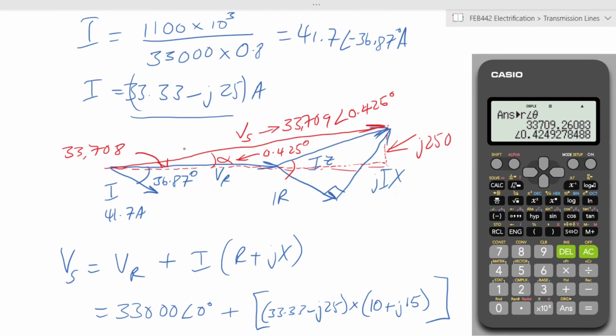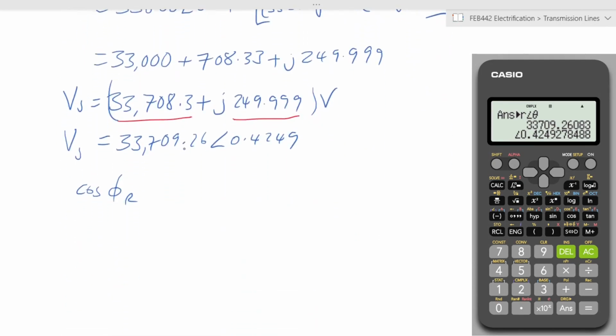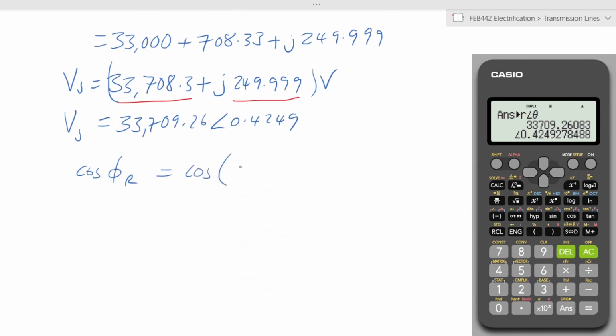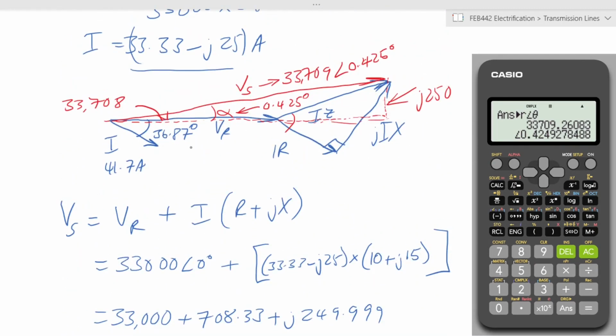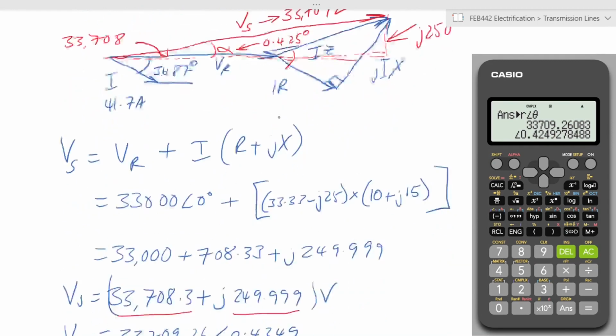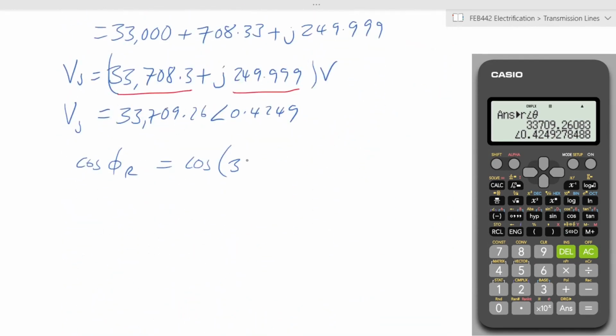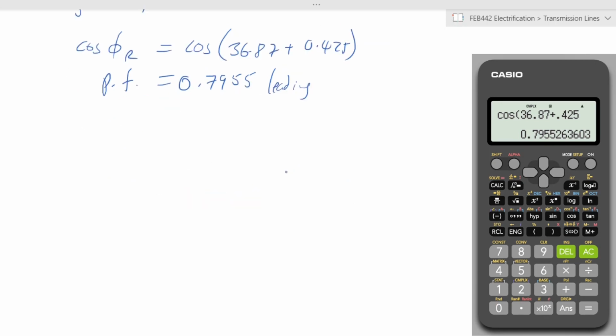So the power factor would be equal to cos of the total of these: you have 36.87 and you have 0.425. 36.87 plus 0.425. So our power factor will be 0.795.